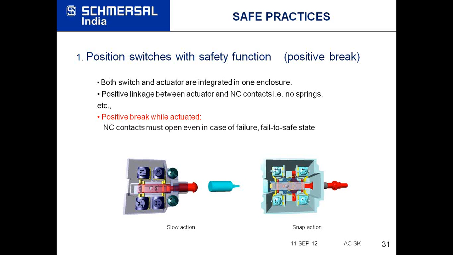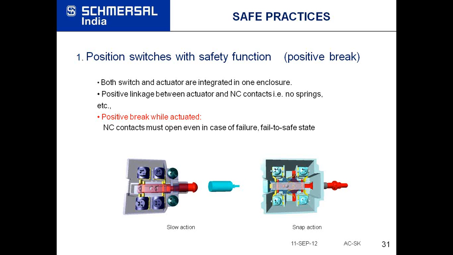Take, for example, a limit switch, which is commonly used for door guard applications for safety. If you apply force on the actuator lever of the limit switch, the force directly opens the NC contacts, and this is called positive break.